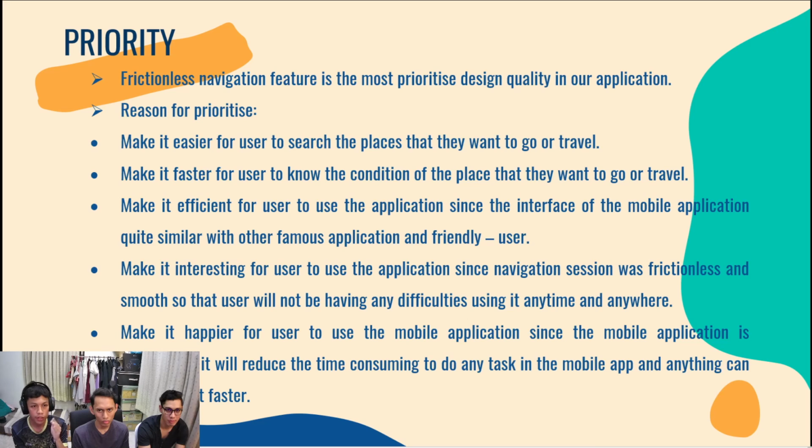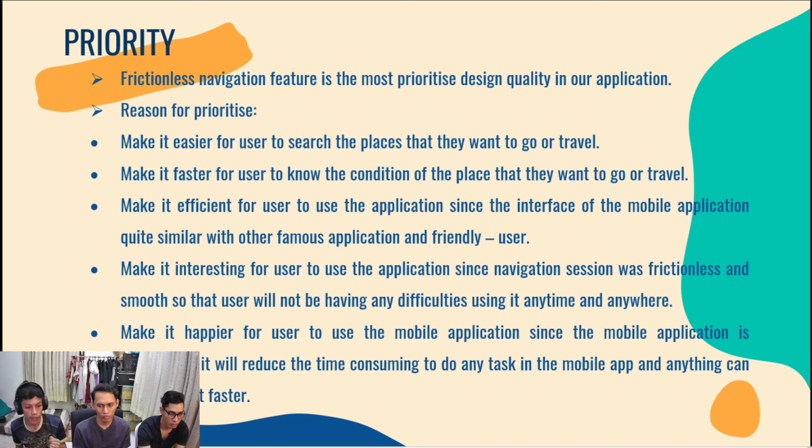This feature will make it easier for users to search for the place that they want to go or travel to, and faster to know the condition of that place. It will make the application efficient to use, since the interface is quite similar to other famous applications and user friendly. It is also interesting to use, since the navigation session is frictionless and smooth, so that users will not have any difficulties using it anytime and anywhere.